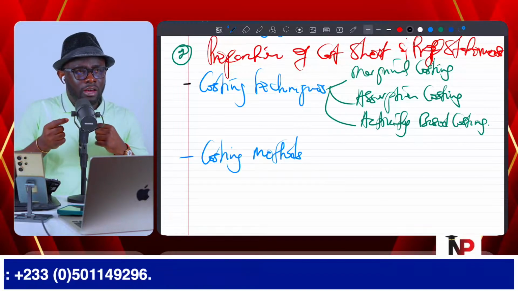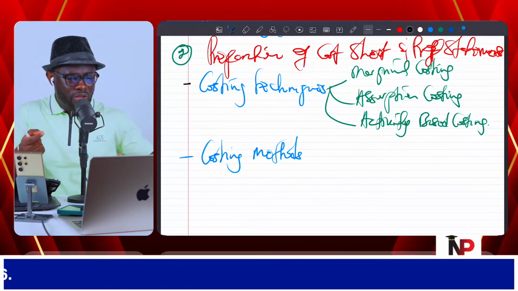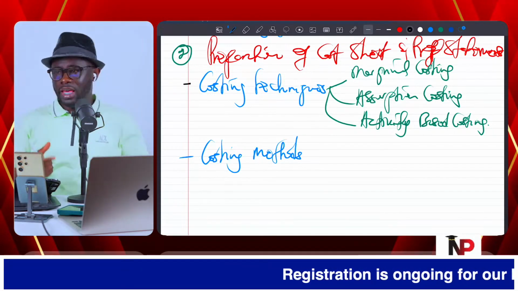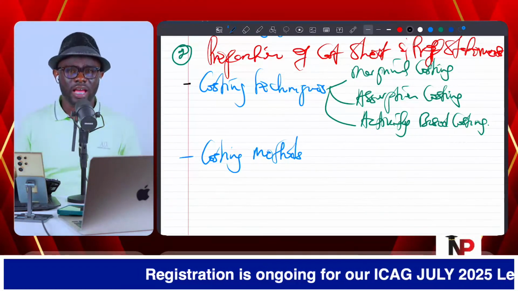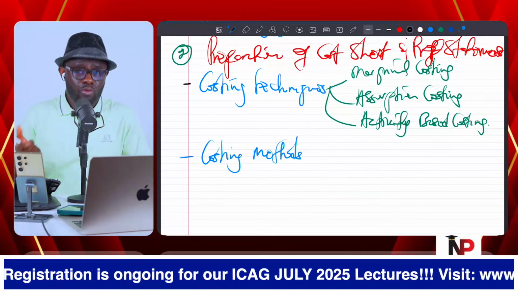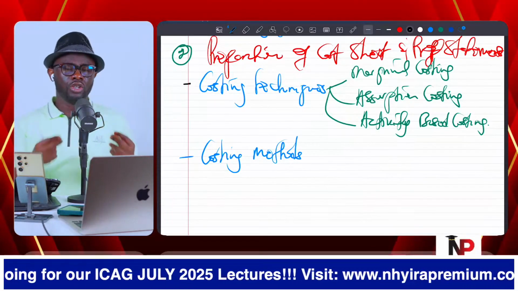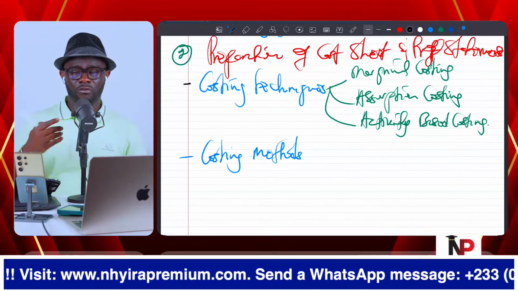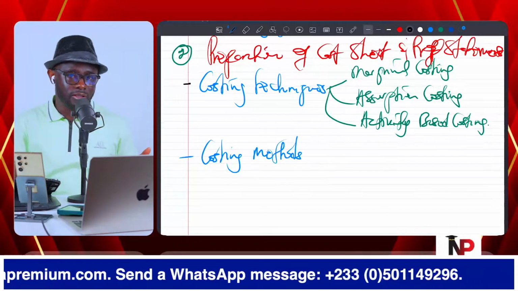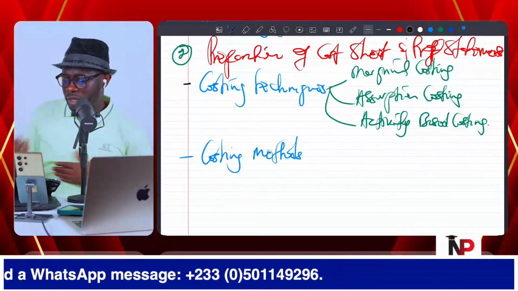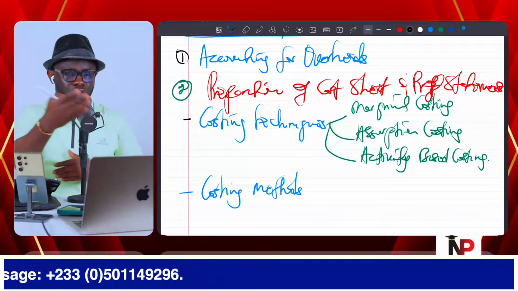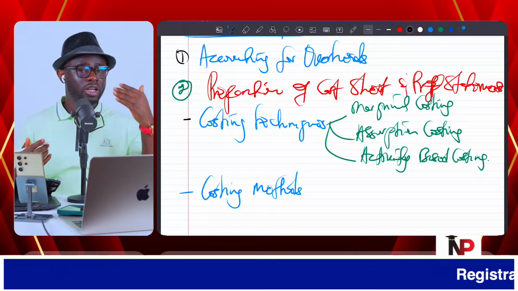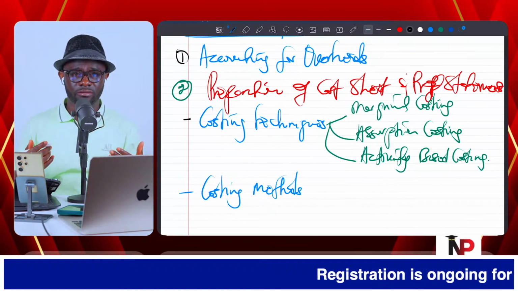If the company is rendering services, then service costing will come in. If they are just doing a one-time job, then job costing will come in. Sometimes the examiner will say, prepare the cost sheet for the job XYZ. That is job costing, but you are just preparing the cost sheet using either the marginal costing principle or the absorption costing principle, depending on the context of the question.